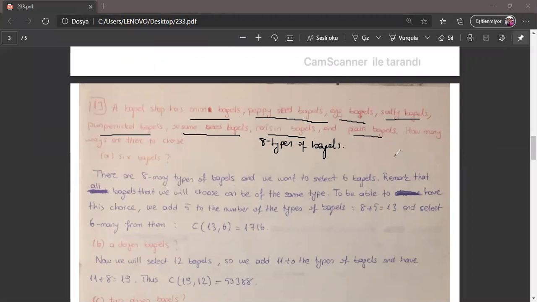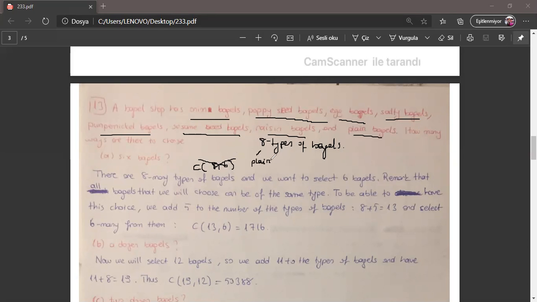So that's why we cannot do this. We cannot compute this, because here we have only one choice for each type of bagel. This is not correct. For example, if we choose 6 bagels such that all of them are plain bagels, here we have 8 types, and one of them is plain, right?